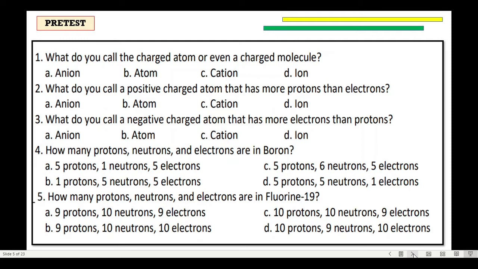B. 1 proton, 5 neutrons, 5 electrons. C. 5 protons, 6 neutrons, 5 electrons. D. 5 protons, 5 neutrons, 1 electron.